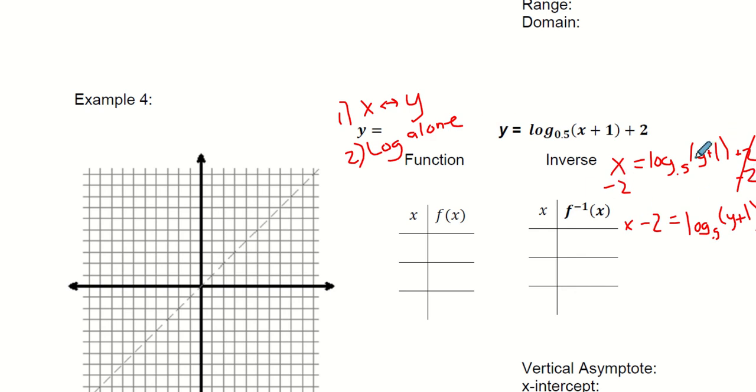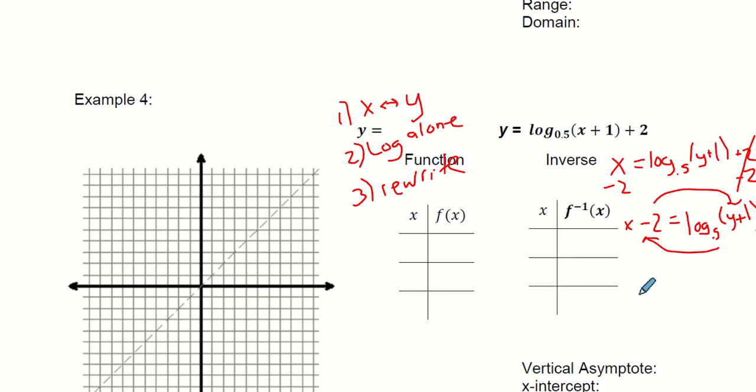We got the log by itself. Because this whole thing here is part of the log, and then this plus 2 is not part of the log. So we move that over. Then step 3 is to rewrite in exponential form. So the way this would look is 0.5 to that exponent equals y plus 1.